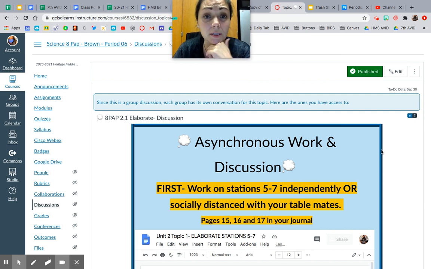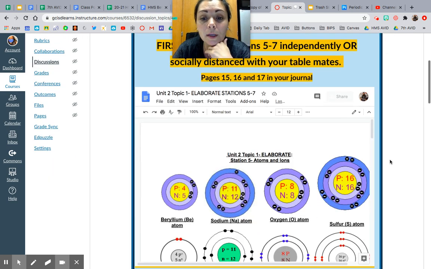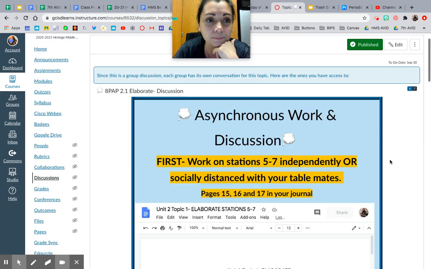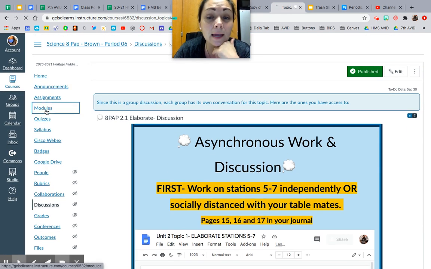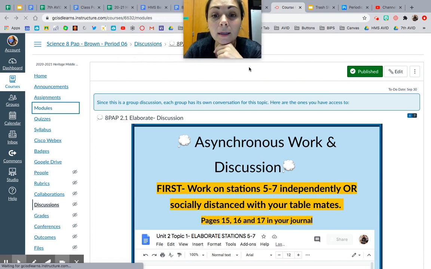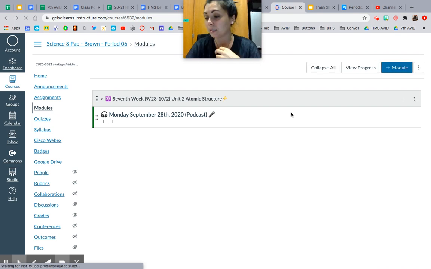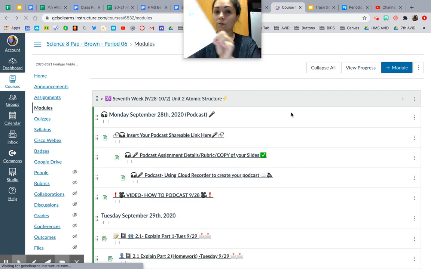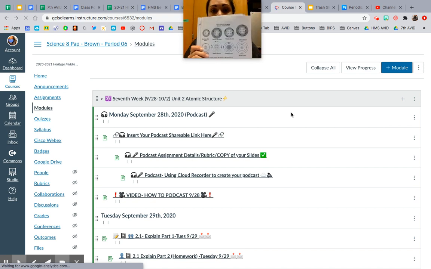An isotope, y'all, is just a different number of neutrons. So what y'all had to do was, this is old, y'all, you had to watch that quick video and then complete these elaborate stations. Page 15, all about ions.